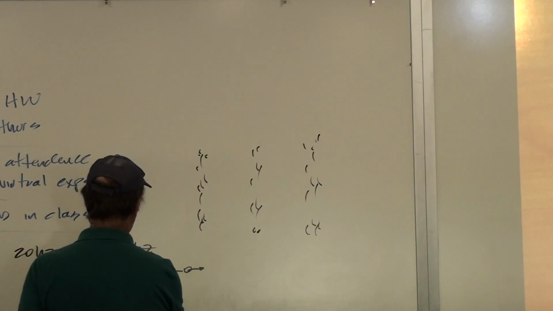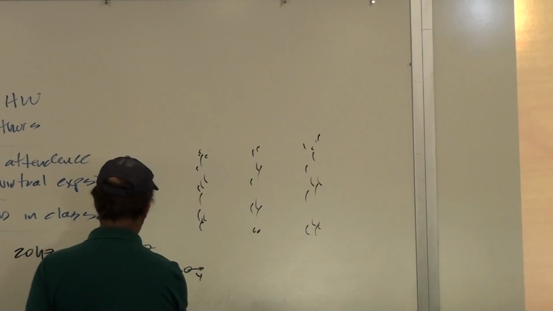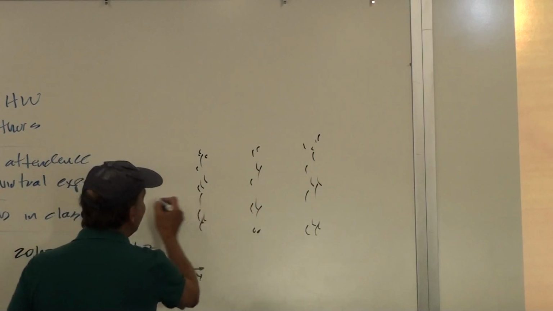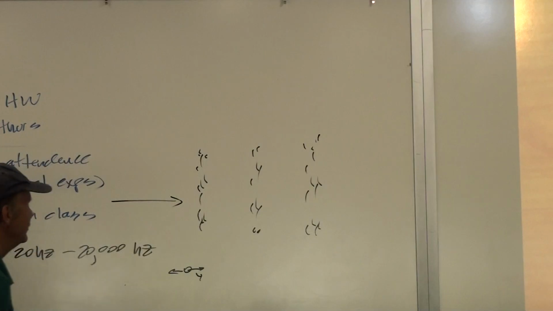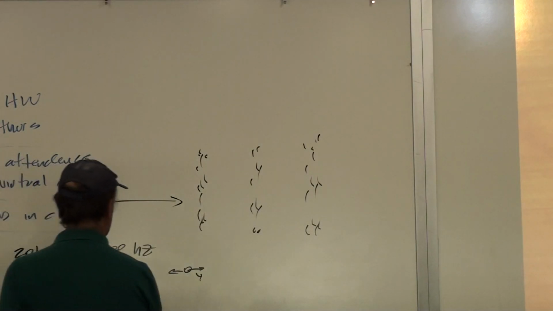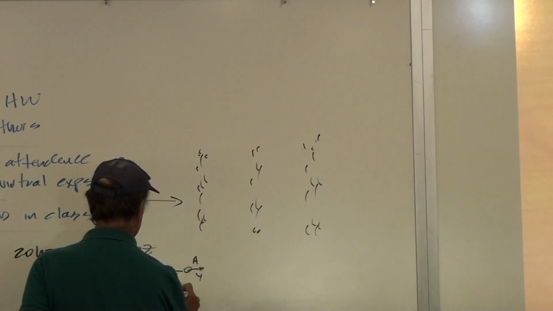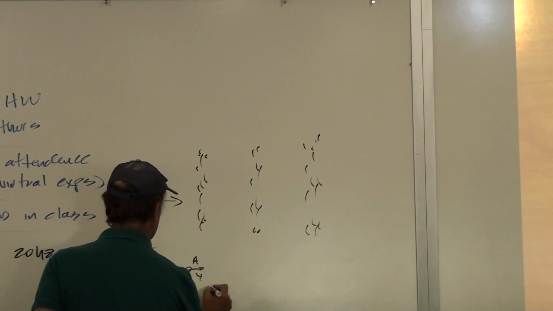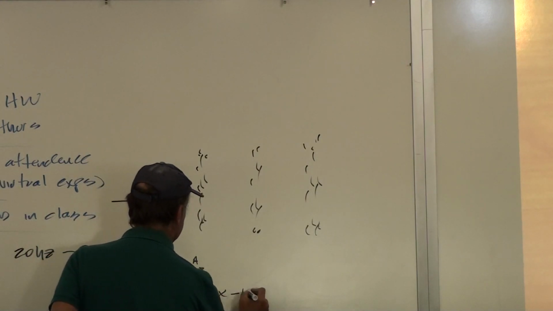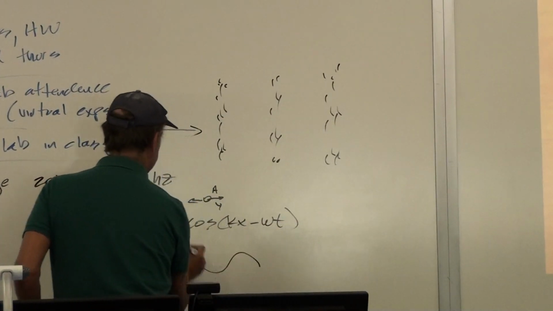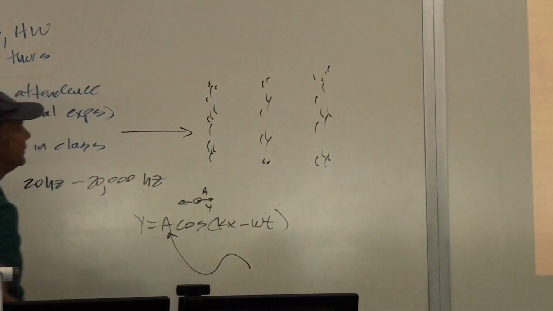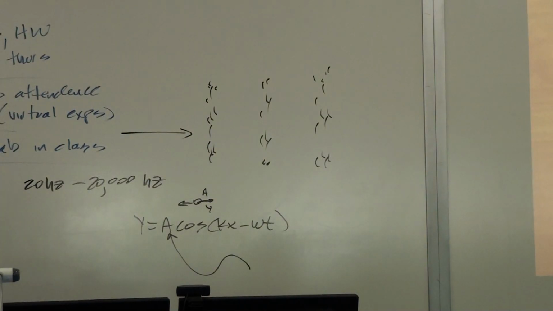Then they follow a relationship that looks like, we call this y, although it's not, it's in the same direction as the direction of wave motion. If we call it y, then y would be A, where A is the maximum amplitude, times the cosine of kx minus omega t. So this is the maximum particle distance from equilibrium, but in the compressed wave direction.